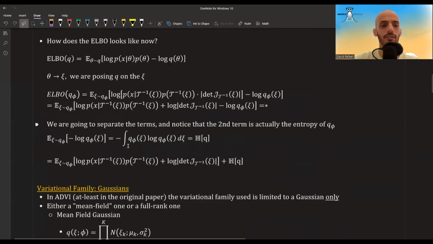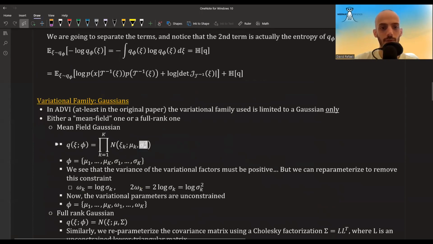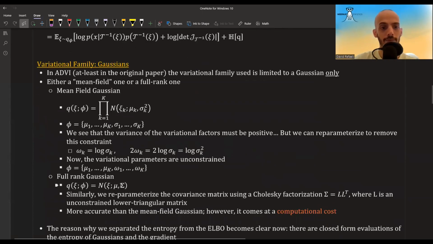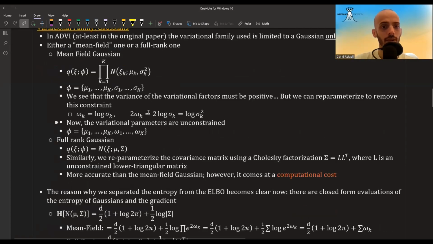But now a question is, why do we care about transforming the sigma squares or the sigma matrix here? I think the reason is because we are now going to do stochastic gradient ascent. And to do this, we also want it to be unconstrained. We don't want to do stochastic gradient ascent when there is a constraint on one of the parameters. We move it to being unconstrained, and then we can go freely in the gradient descent without worrying that we reach some constraint boundary. Okay, so this is how it's done for the mean field Gaussian.